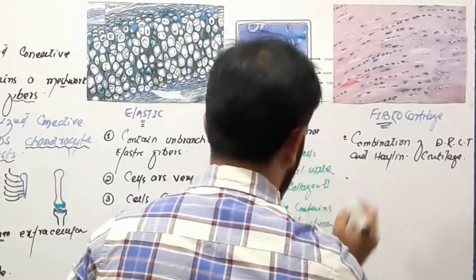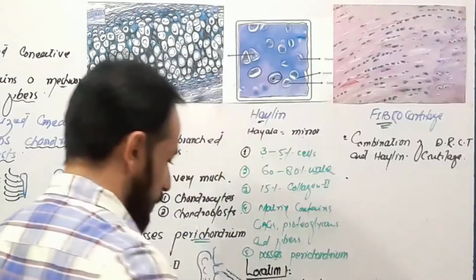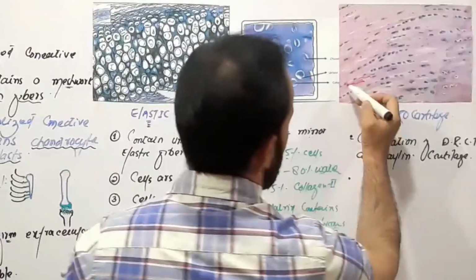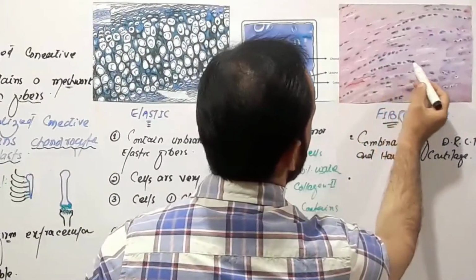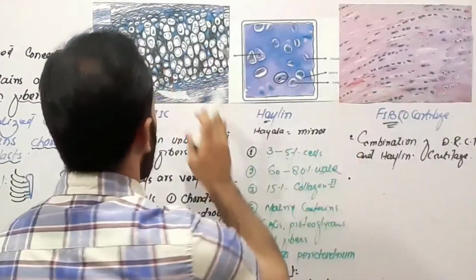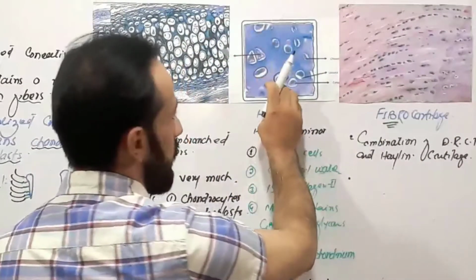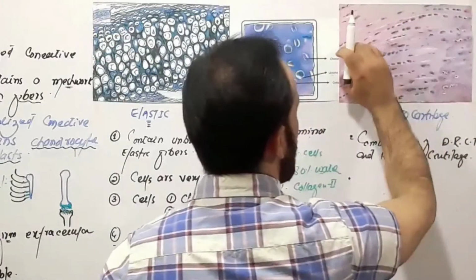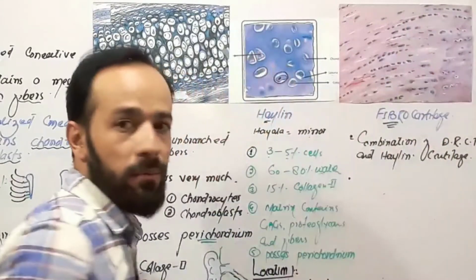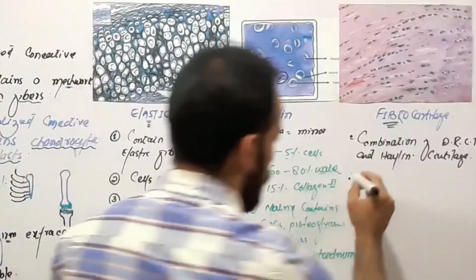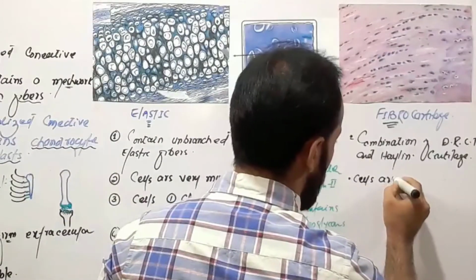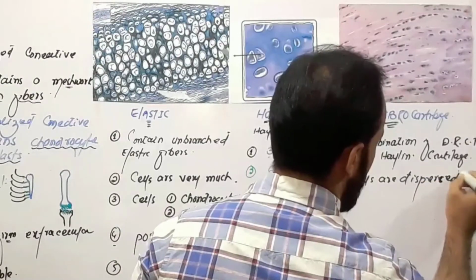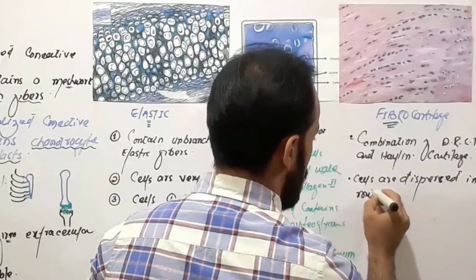Very importantly, the next point about this type of cartilage is that the cells of this cartilage are dispersed in rows. You can see here the cells are irregular, but here the cells have made rows, and in between those rows there are fibers present, right. So we say cells are dispersed in rows.